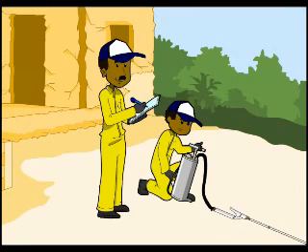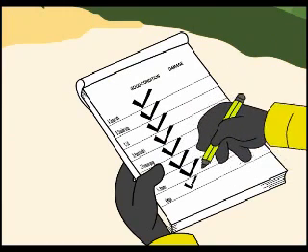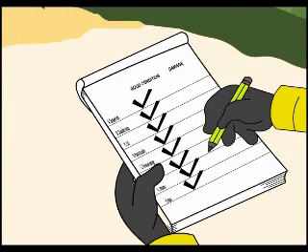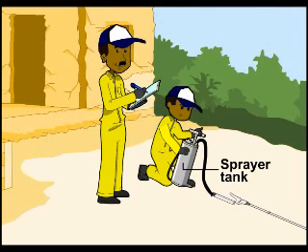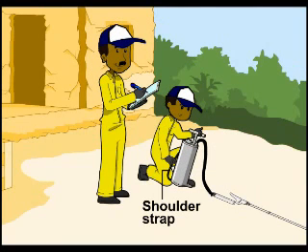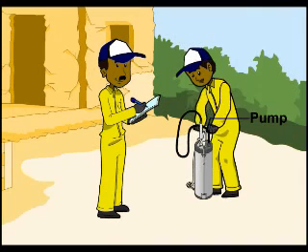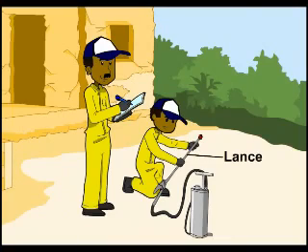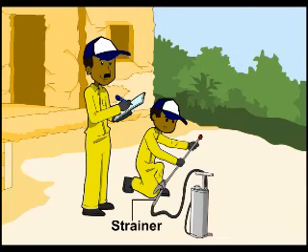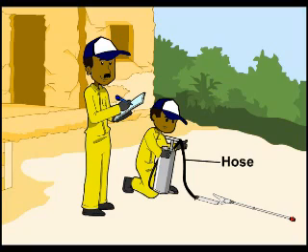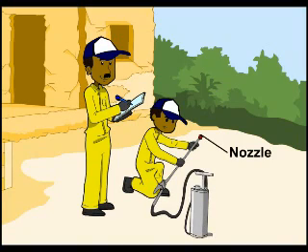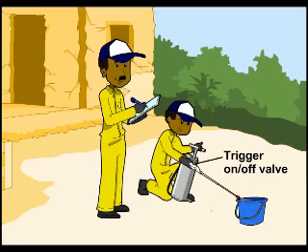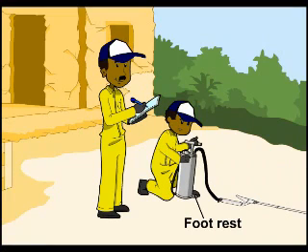Examine the sprayer visually to ensure that all parts are present, assembled correctly, and in good working order: sprayer tank, shoulder strap, lid, pump, pressure gauge, lance, strainer, hose, nozzle, trigger on-off valve, footrest.